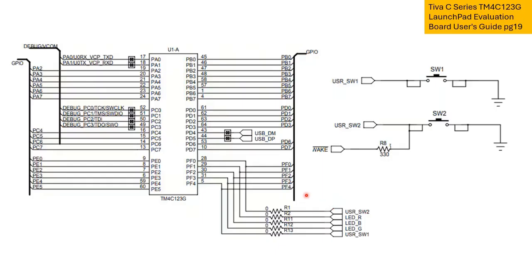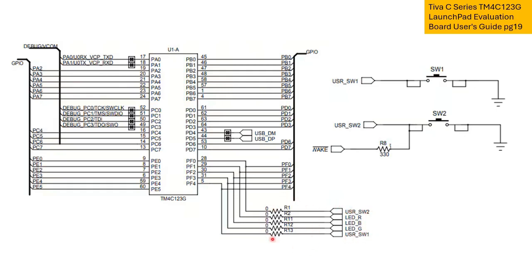So let's take a look at the schematics of the Tiva LaunchPad board. Now, I've taken this schematic from the Tiva C-Series user guide. You can find it on page 19. So we have here the red LED, blue LED, green LED, the user switch 1, user switch 2.